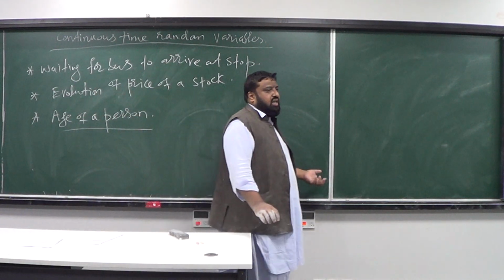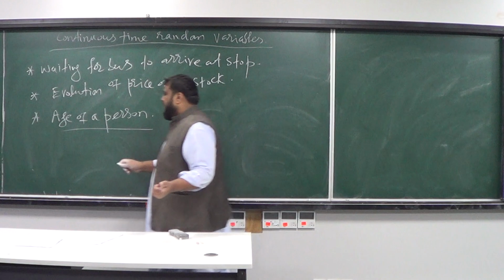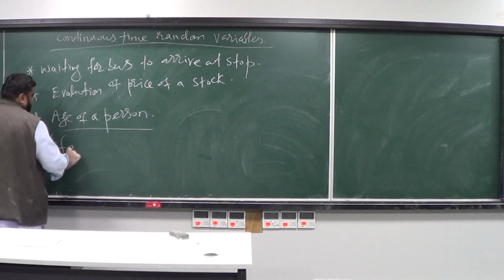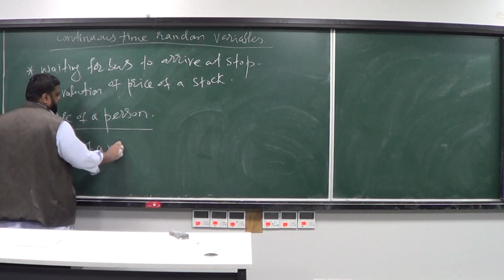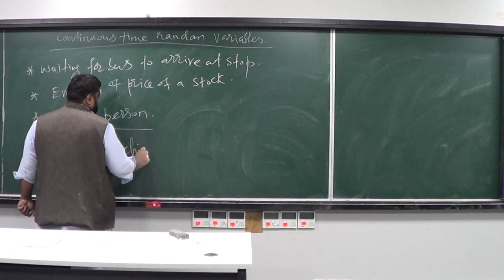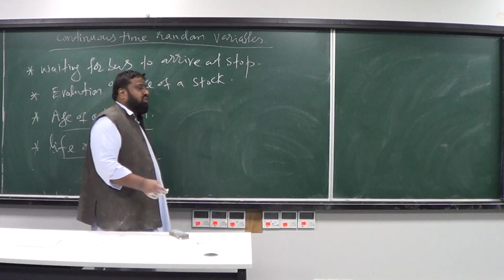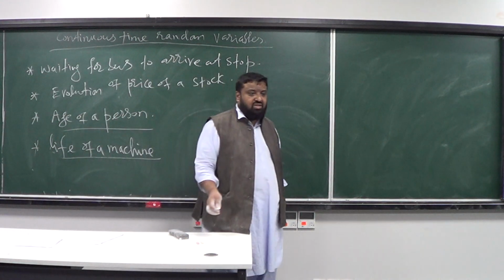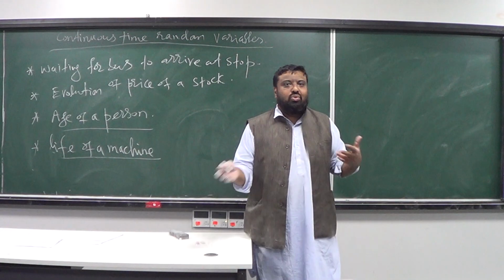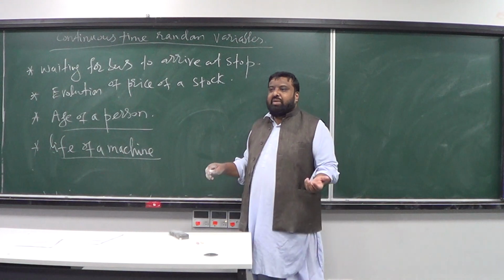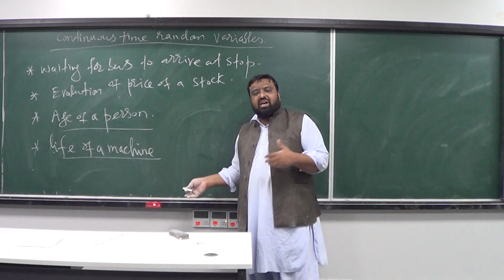Okay. You can also say, for example, the life of a machine. Okay, so you buy a machine, and for how long it is going to work actually, you have no idea. You might have a guarantee of up to 2 years. Okay, so it can happen that it breaks down even before 2 years or after 2 years.